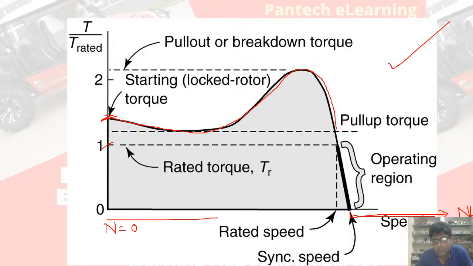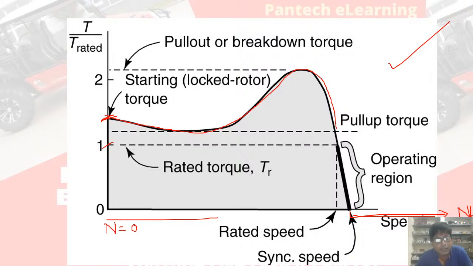Once high torque is developed, the rotor started to accelerate, and once it is getting accelerated, the relative speed between the rotating flux of the stator and the rotor is coming down. Once it is coming down, the voltage is less, and again the torque is less.